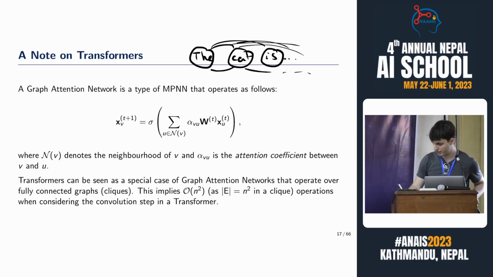You can imagine these are all nodes, and this graph is fully connected. Everything connects with everything, and so on. So graph attention networks are a strict generalization of transformers, if you view transformers as operating over a graph that's fully connected.